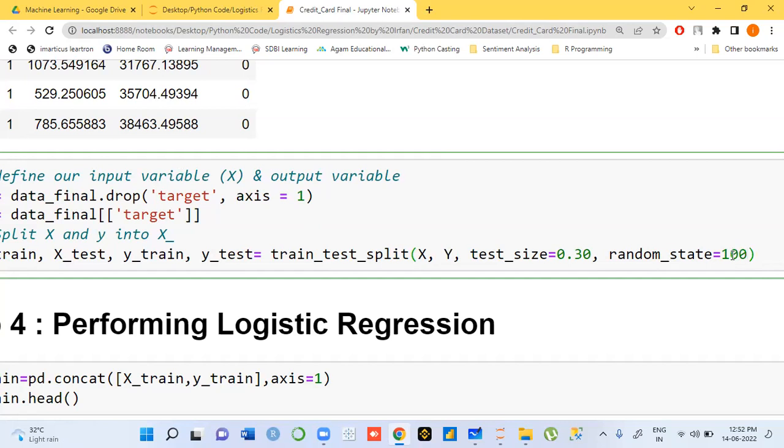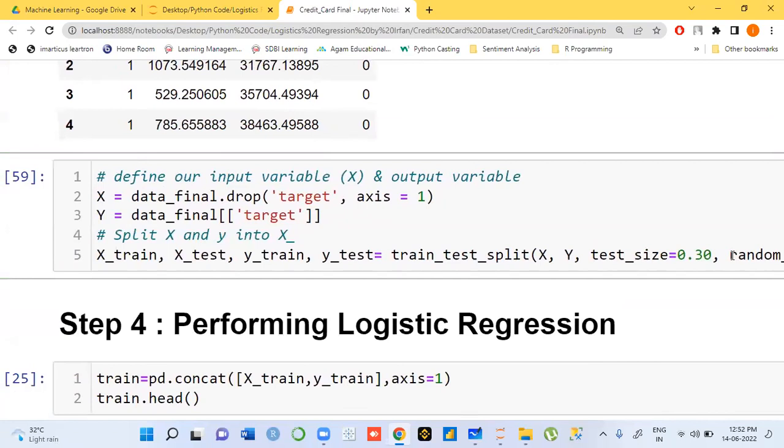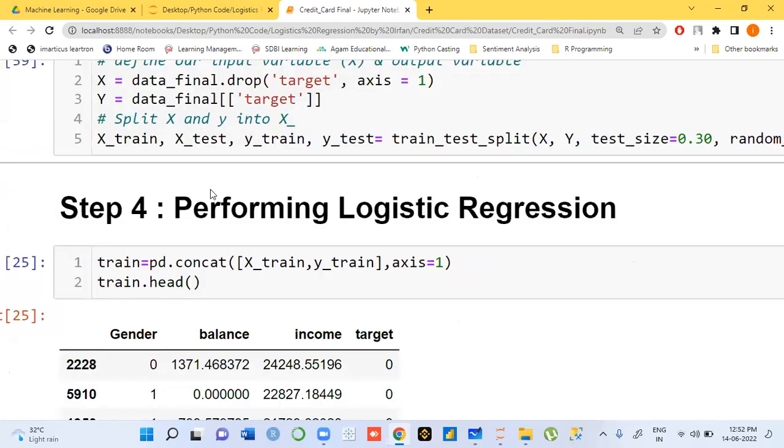If the test size is 30, how much is the train size? 70. So I'm breaking it into 70 and 30. Clear? So here we have X train, Y train, X test, Y test.